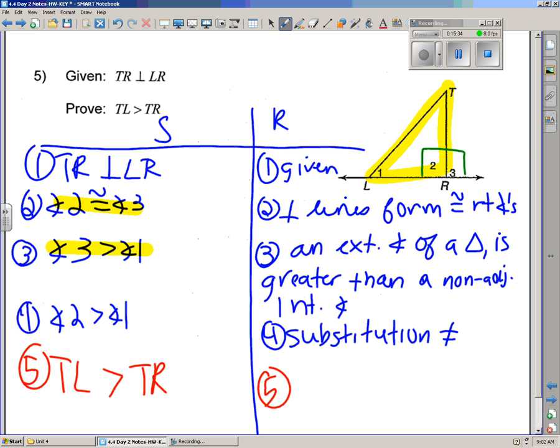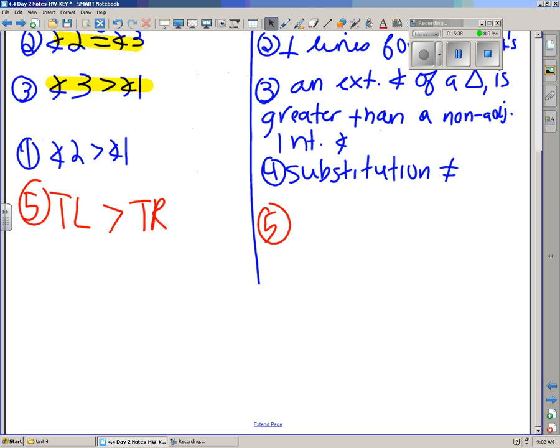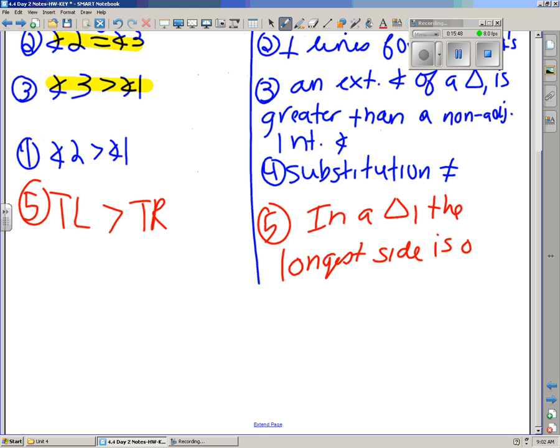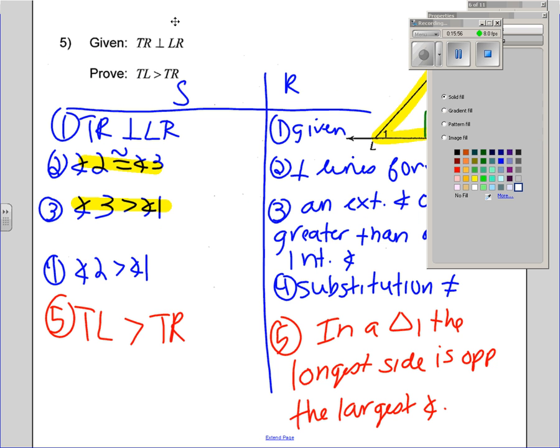And the reason is going to be in a triangle, the side opposite the longer angle is the longest side. The longest side is opposite the largest angle.